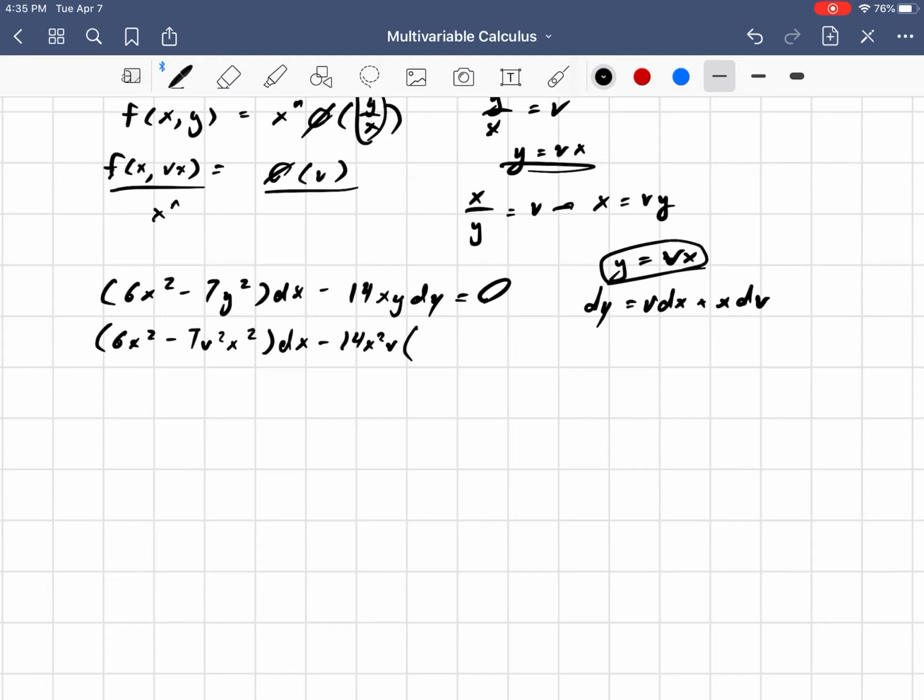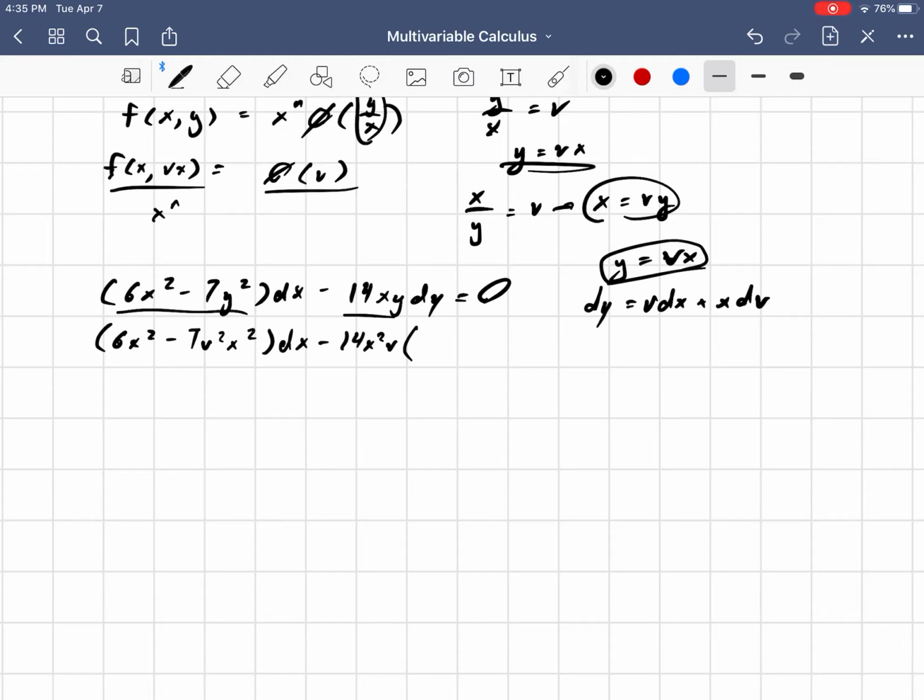And now I'm going to point out that it was good that I used y equals vx and not x equals yv, because this coefficient in front of the dy is simpler than this coefficient here. So I know this dy is going to turn into something bigger, v dx plus x dv.